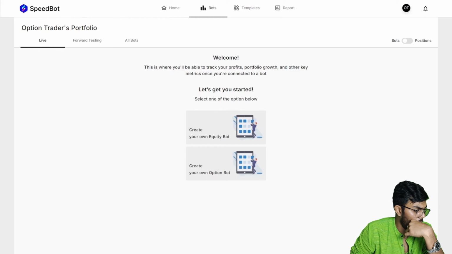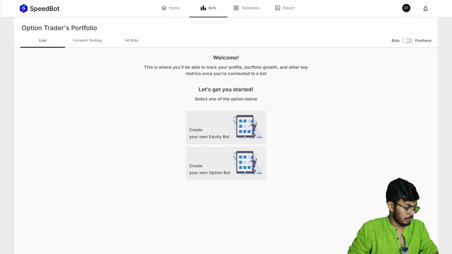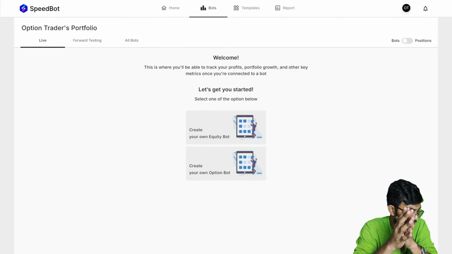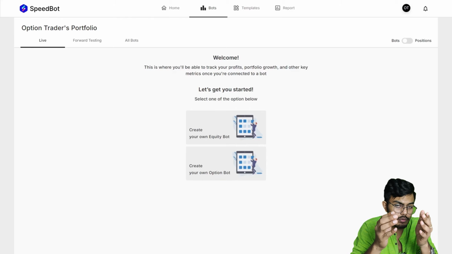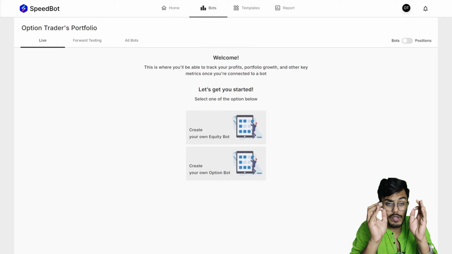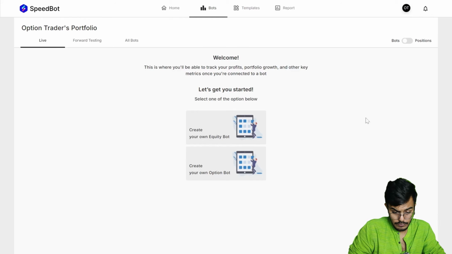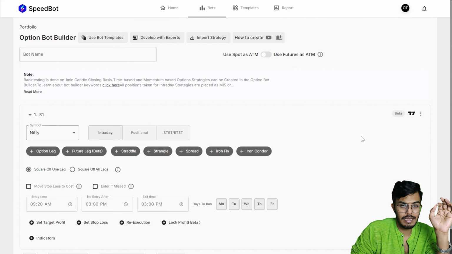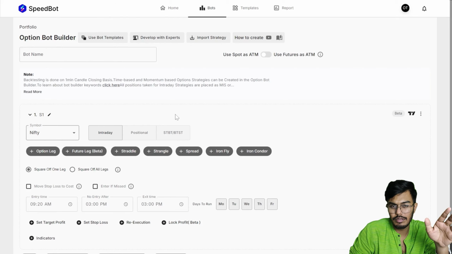Next up, we have a question from Mr. Salim. Mr. Salim asks, does SpeedBot offer customer support for strategy related issues? Yes, Mr. Salim, SpeedBot does offer support for strategy related issues. It's basically a very easy process that you can avail. Let's say you're creating a bot and you feel that you're unable to get the conditions checked.